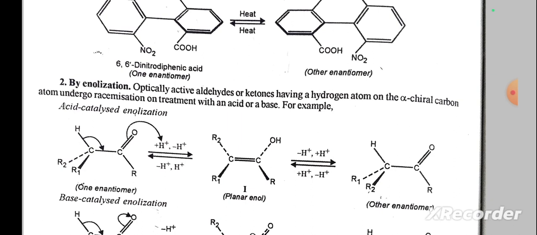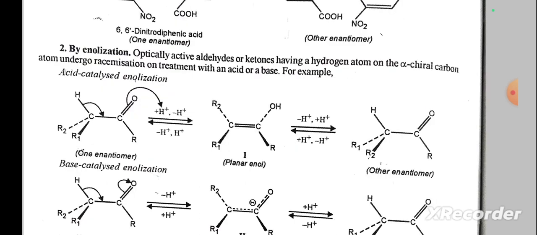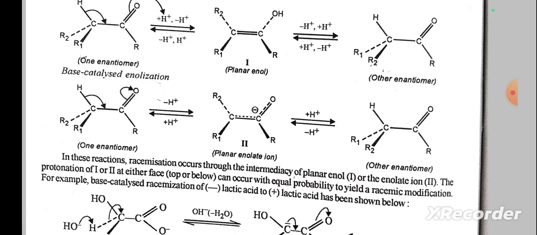By enolization. Optically active aldehydes or ketones having a hydrogen atom on the alpha chiral carbon atom undergo racemization on treatment with an acid or base. For example, acid-catalyzed enolization and base-catalyzed enolization.